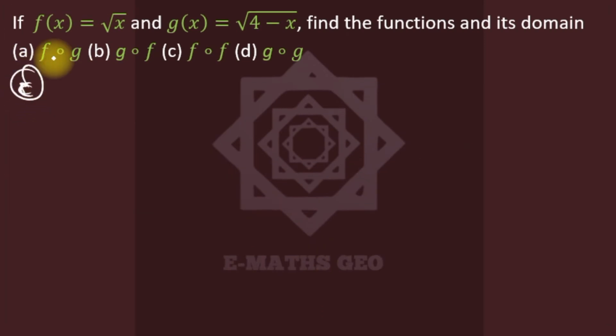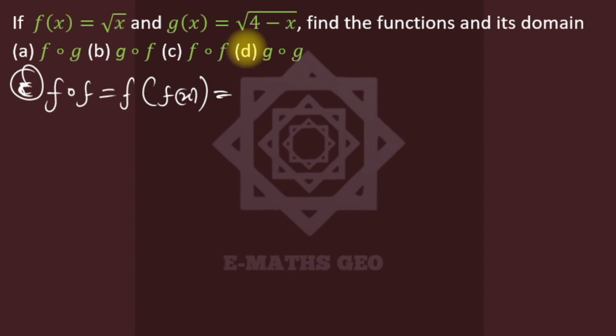For the C part, we have f composite f, which is f of f. So this is f of x inside f of x, which is the fourth root of x.